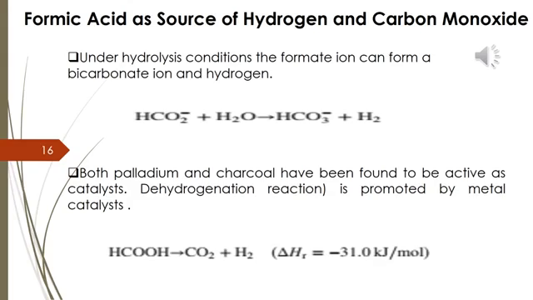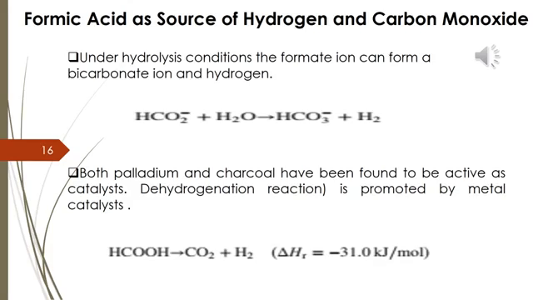Formic acid as a source of hydrogen and carbon monoxide. Under hydrolysis conditions, the formate ion can form a bicarbonate ion and hydrogen ion. You can see here the formate ion, when it is hydrolyzed, can make up a bicarbonate ion and along with that a hydrogen ion.